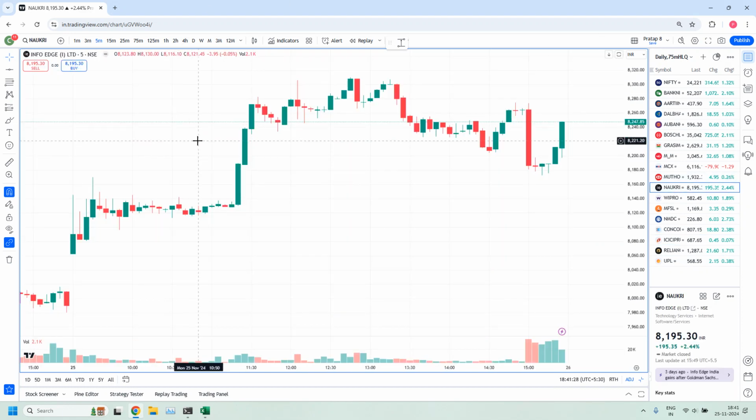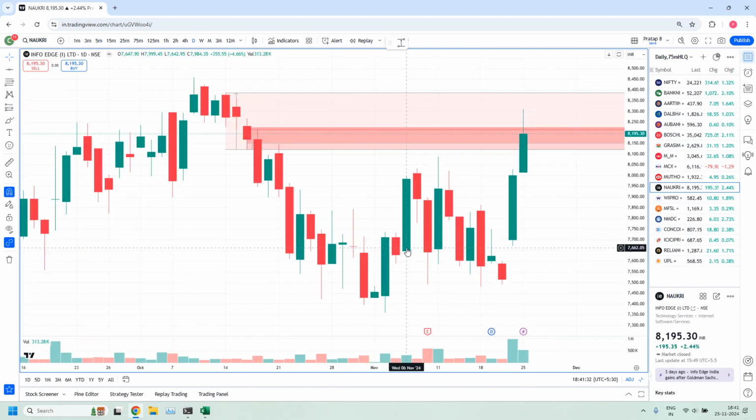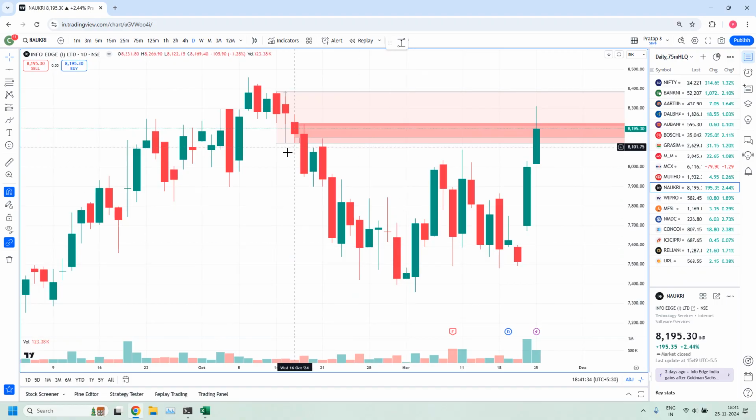Naukri is a daily supply zone. Here we have a drop. I think this is the drop, with 1, 2, 3, 4 base candles and a drop. This is how our software identified it.